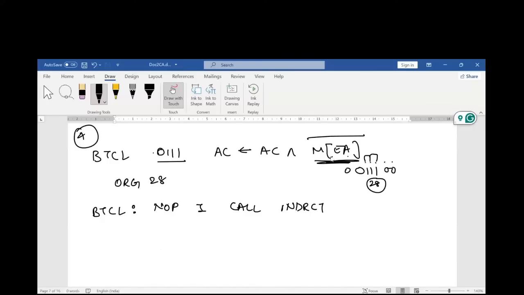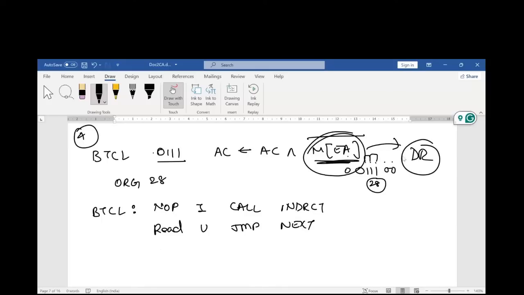indirect. Now we will fetch this operand to DR. So for that, read, you jump next. Now it has come into DR, okay? Now again what we will do is I need to complement it. Can I complement DR? No. So the complement micro operation is there, but it complements the content of AC.